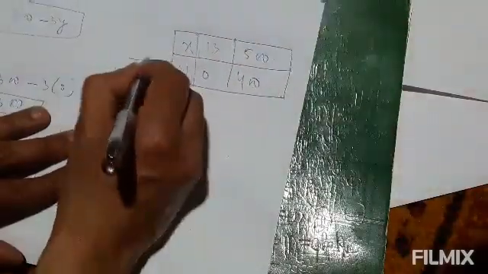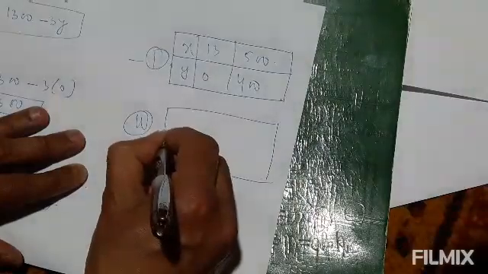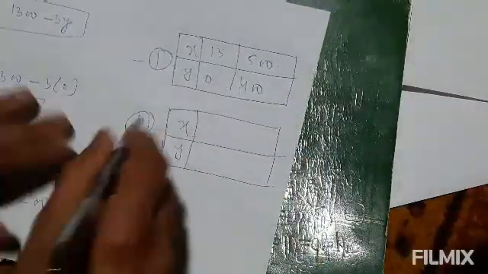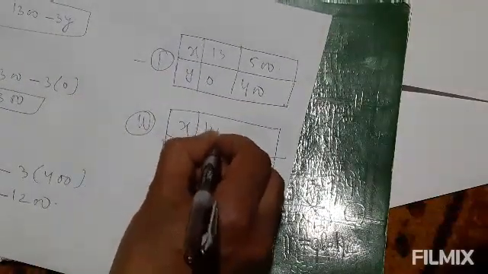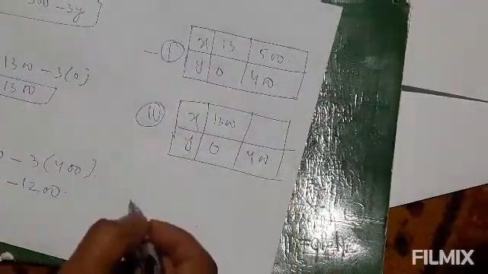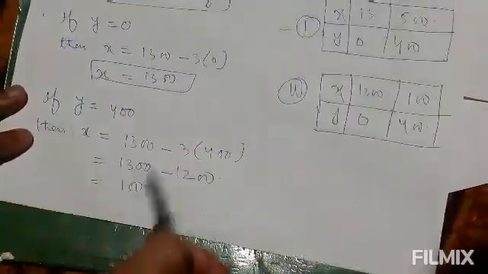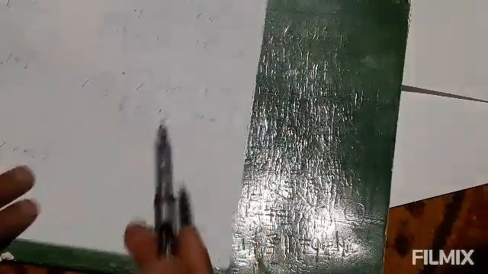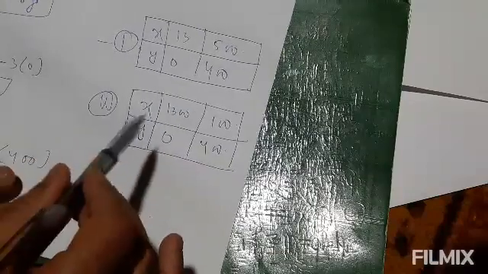Similarly, this is the first table, and from the second equation we got this table of x and y. When y is 0, x is 1300. When y is 400, x is 100. So we got these two tables. From these two tables we have to plot what? Graph. Okay, let's go forward.